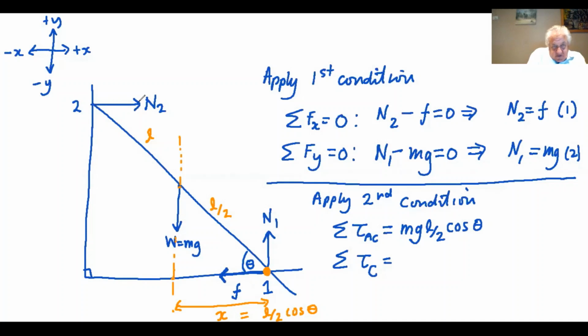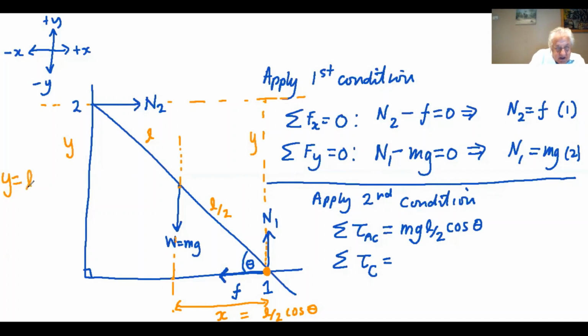Okay, so I've got this force now. Now this force is tending to pull this way, so this one is clockwise. Now I need its line of action first. So let me draw the line of action. And I want the perpendicular distance from the line of action to the axis of rotation. So that's this whole distance. You can see that this distance is y. And we can see that y is equal to, the hypotenuse is L. This is the opposite.